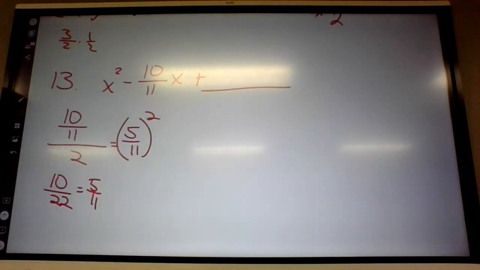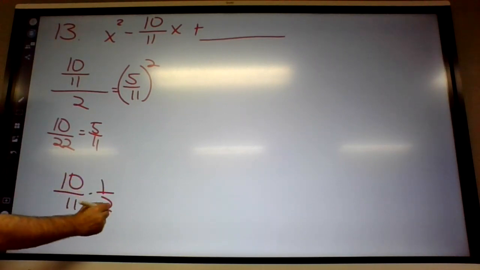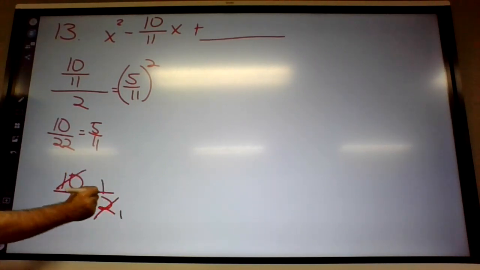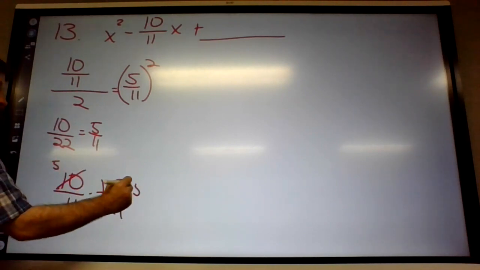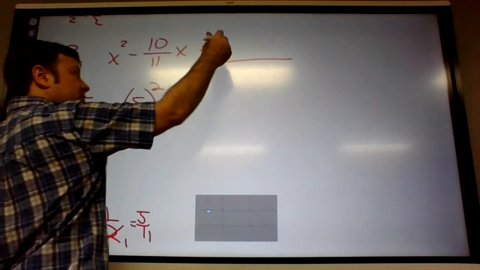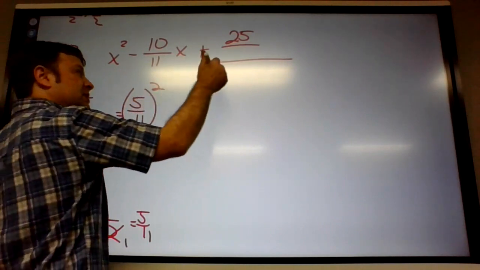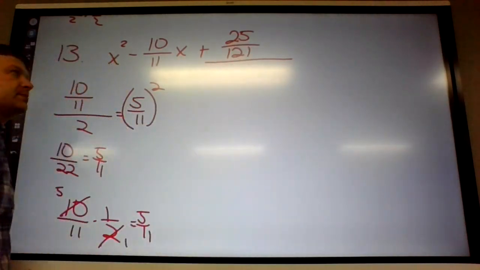But we still have to square that. Anyway, you can think of it as divide by 2 or times 1/2. So we could have done 10/11 times 1/2, and we could have reduced that and got 5/11. Okay, 5/11 squared: 5 times 5 is 25, and 11 times 11 is 121.